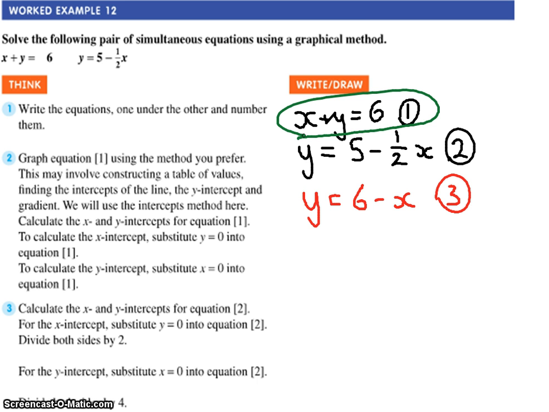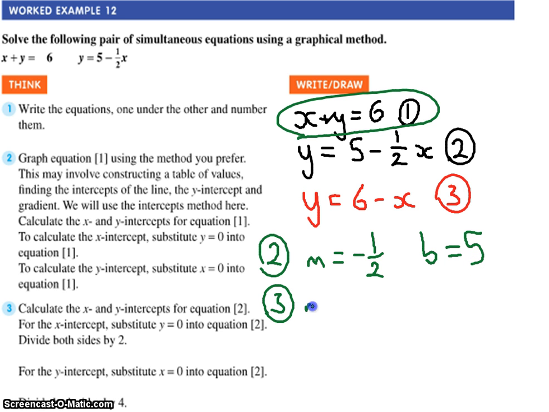Okay, so for equation 2, what's the gradient? Minus a half, the coefficient of x. And what's the y-intercept for equation 2? 5. Well done.